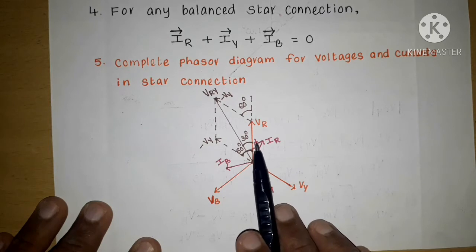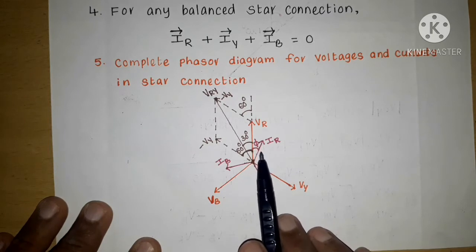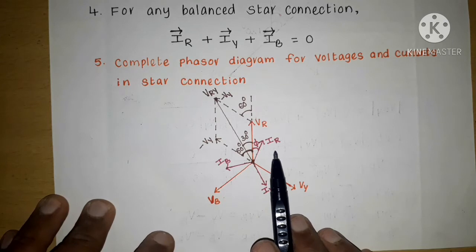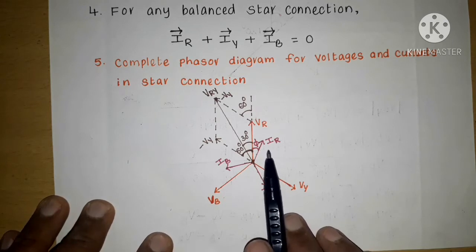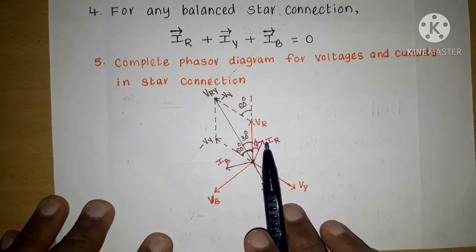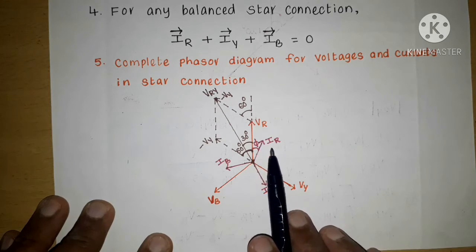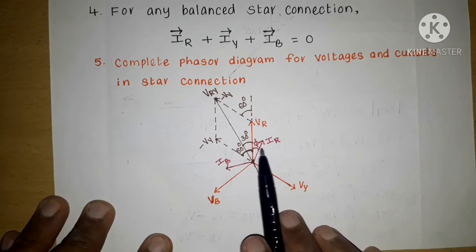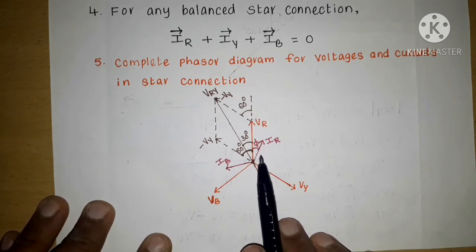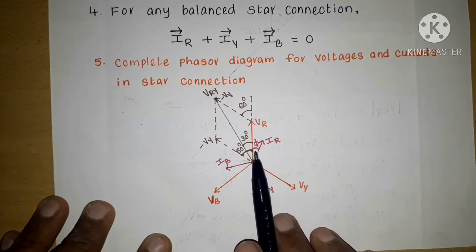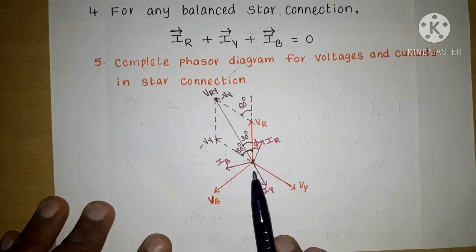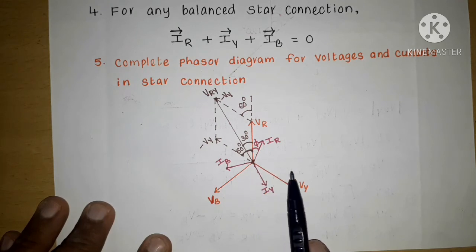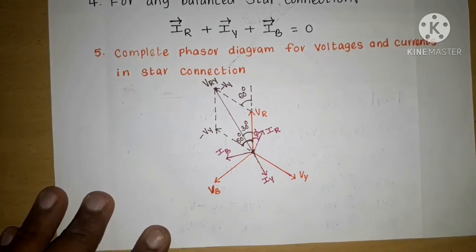IR is behind VR by an angle phi, because for inductive loads the current lags the voltage. If VR is the phase voltage, IR is the phase current, so IR lags VR by phi. This phi depends on the resistance and inductance of the coil. So this is the complete phasor diagram for voltages and currents in star connection.